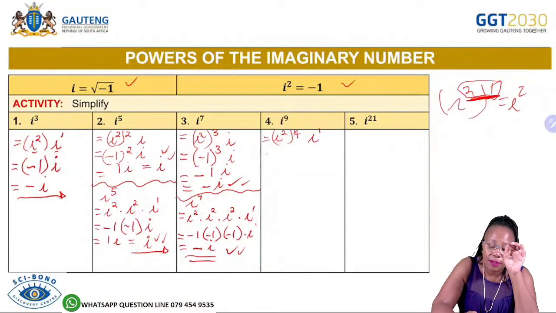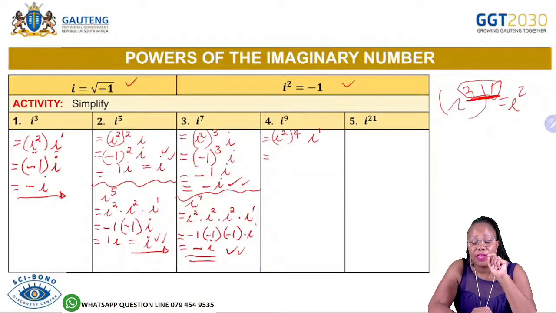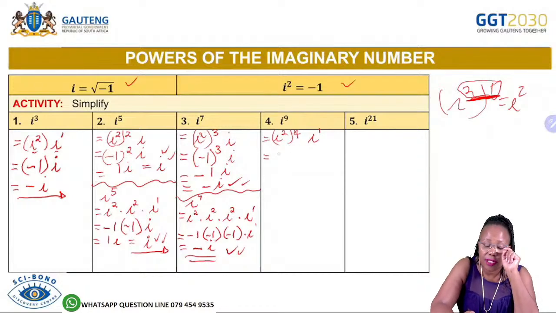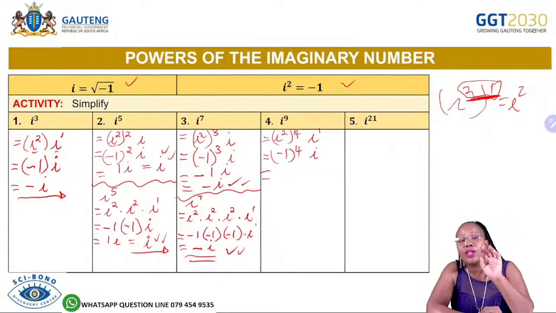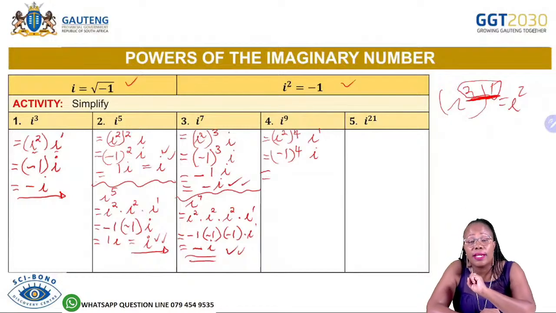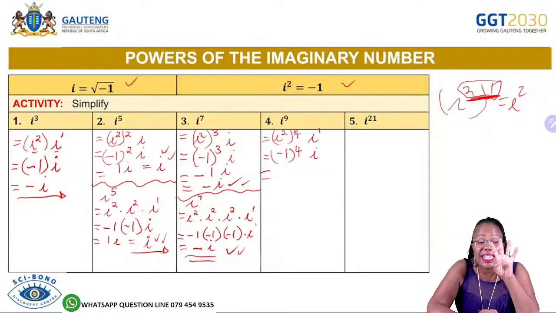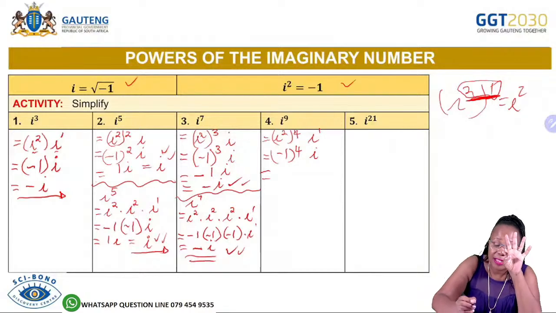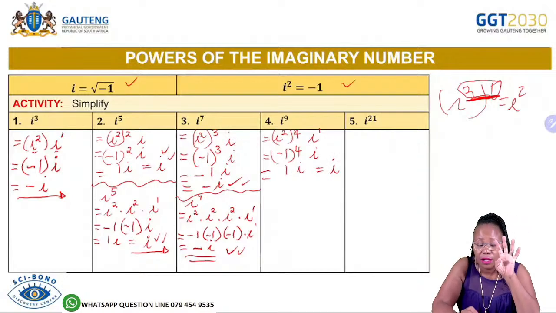So that is the first step. And then from there, we can substitute a negative 1 there to the power 4. And then now we have an i there. It's negative 1 to the power 4. 4 is an even number. So if it is an even number, then your answer will be positive 1. And then with an i, which is giving us positive i then.